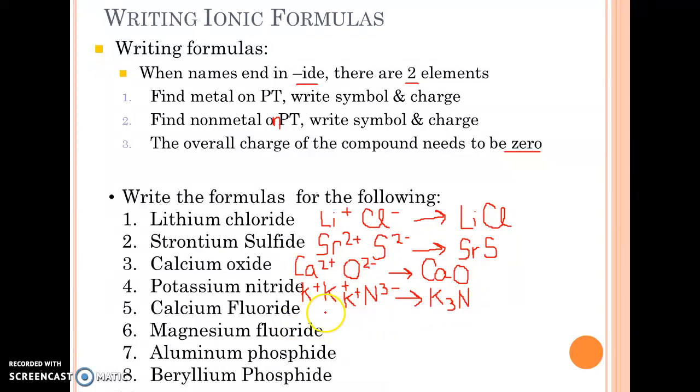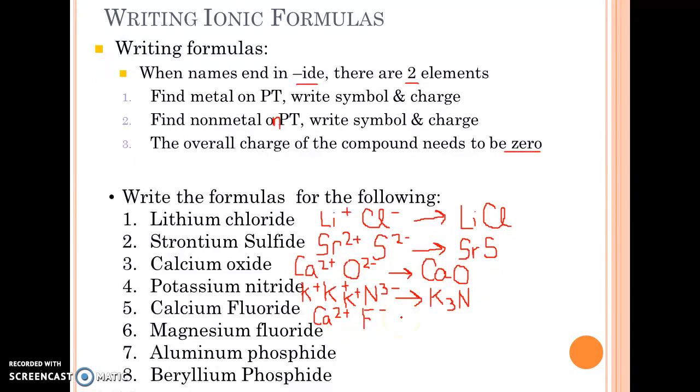Next, we're going to look at calcium fluoride. Calcium symbol is Ca. It is in group 2, so it has a +2 charge. And then I find fluorine. Fluorine is in group 17. It has a -1 charge. Again, my charges here do not equal 0.